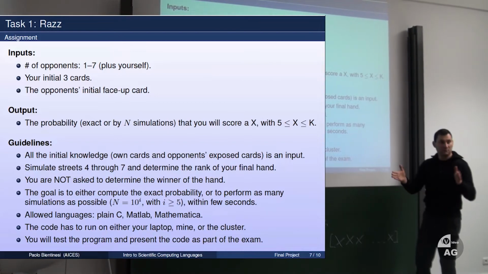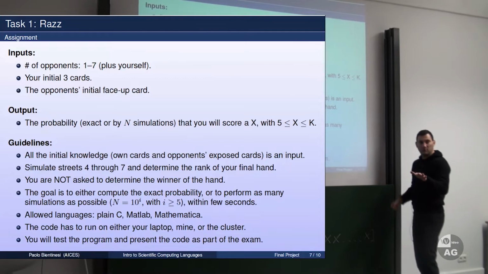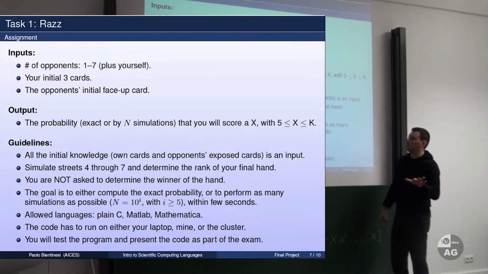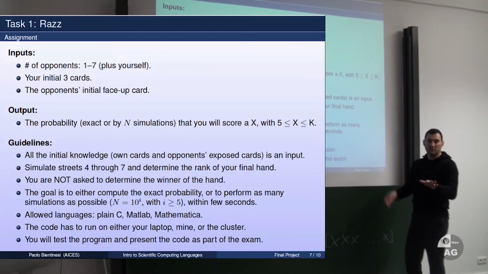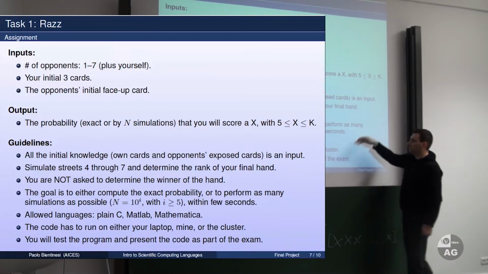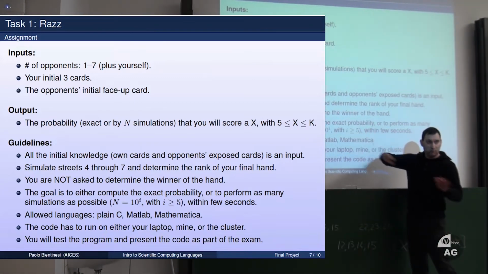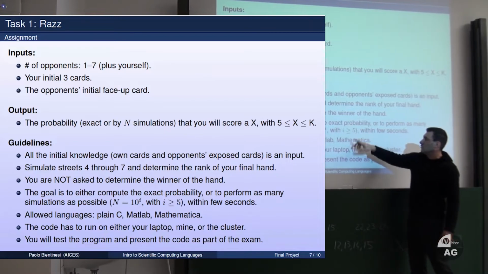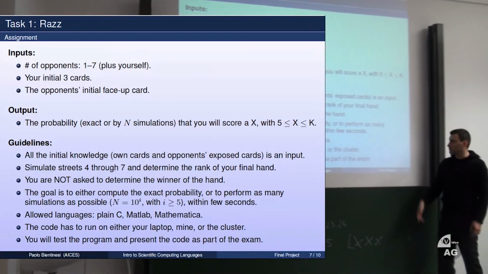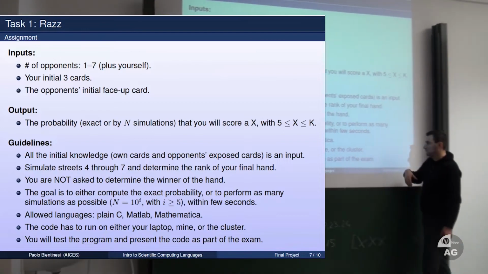And then out of these 7 cards, you choose the best one for RAZZ, and you want to determine how likely it is that you score a 5, or a 6, or a 7, and so on. And again, you can compute this probability either exactly, no approximation made, or by running simulations. You can do it in C, MATLAB, or Mathematica.